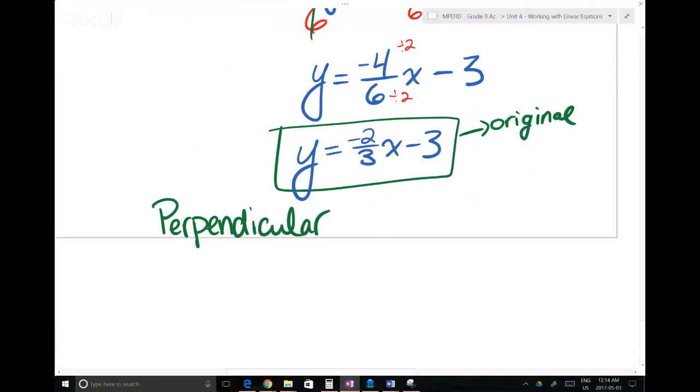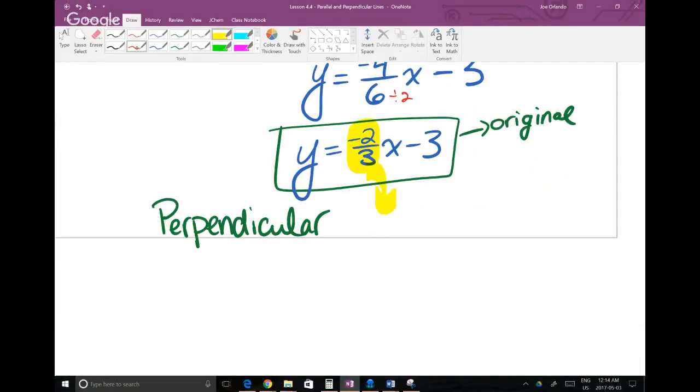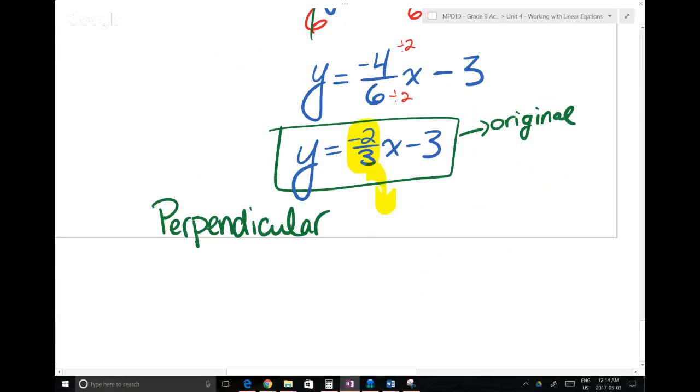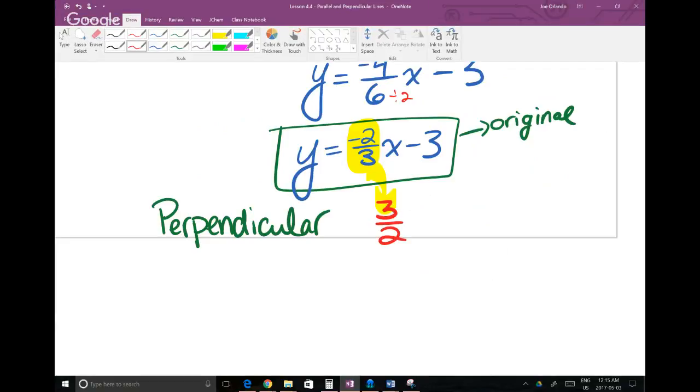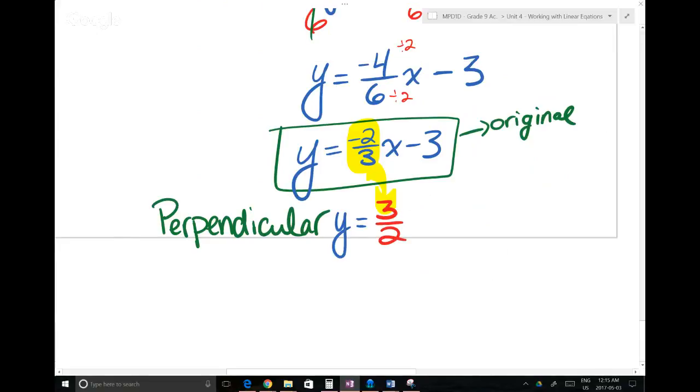The slope was negative 2 over 3. The new slope is going to be the negative reciprocal of that. And that means changing the sign. So the opposite of negative is positive, so it's going to be a positive slope. And we have to flip the fraction. Instead of being 2/3, it's going to be 3 over 2. And so the new equation will be y equals 3 over 2x.